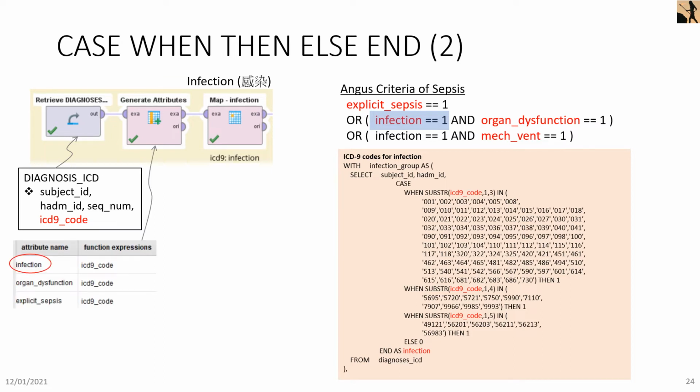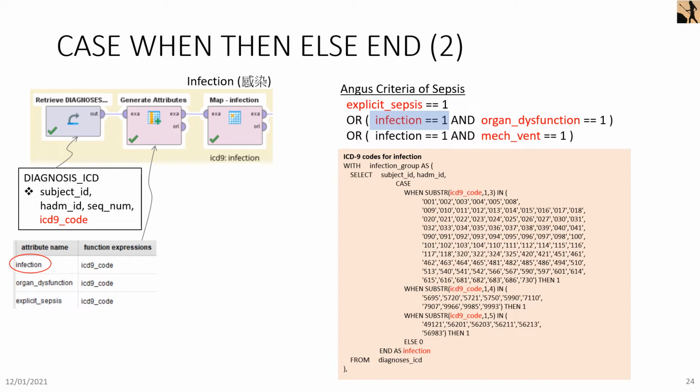So for example, I first create the infection attribute, and I populate that with whatever ICD code they have for each record. Right, so for a record, if the ICD code is 982, then we just populate this new attribute with 982. After that, we start doing some map function.